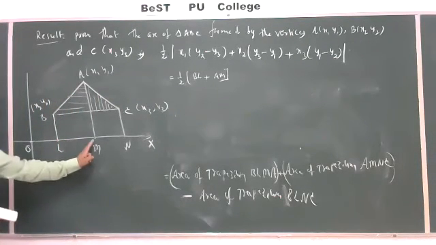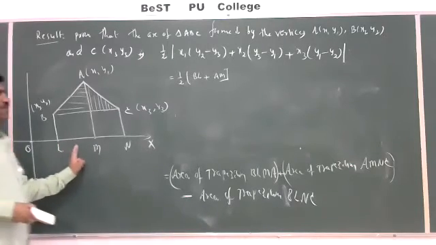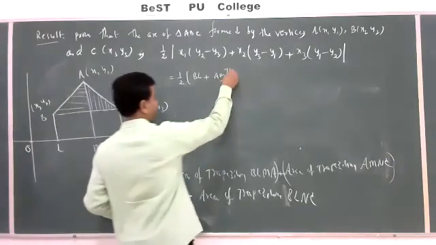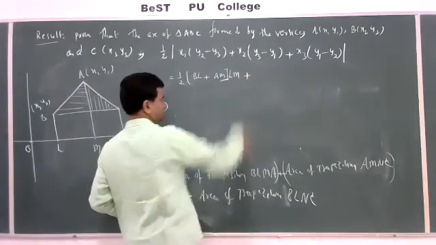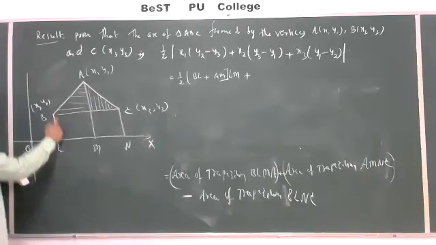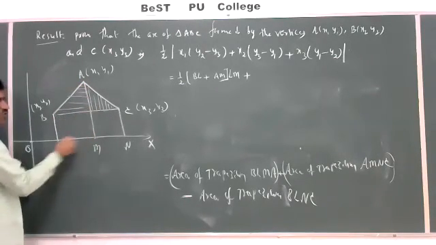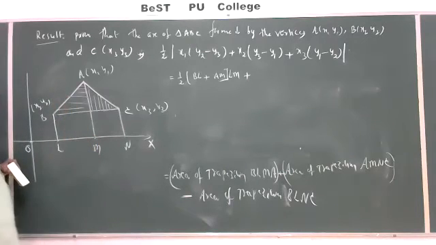Then the distance between the two parallel lines is LM. So the area of the trapezium BLMA is completed: BL plus AM, times the distance between the two parallel lines, LM.